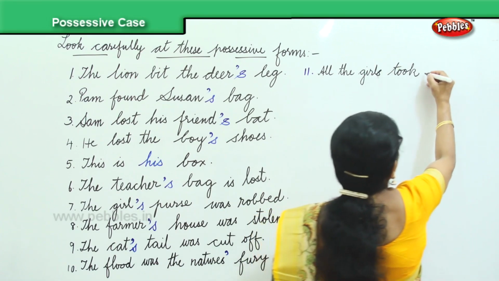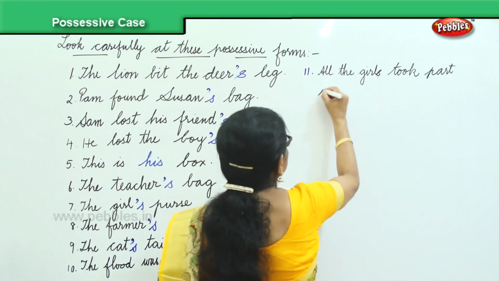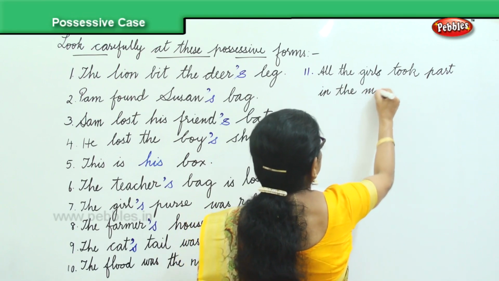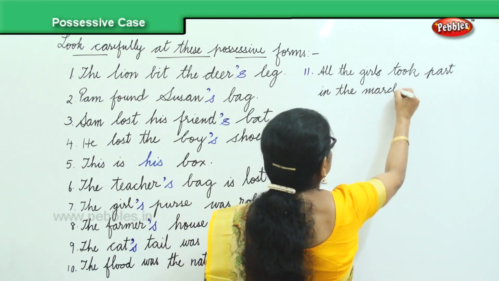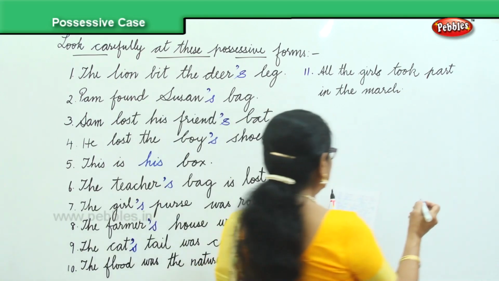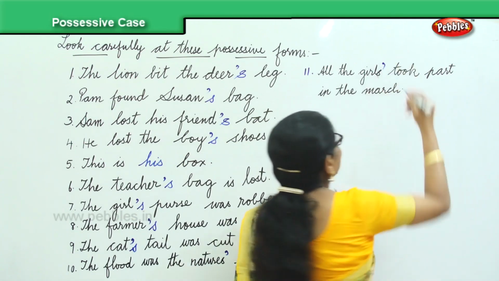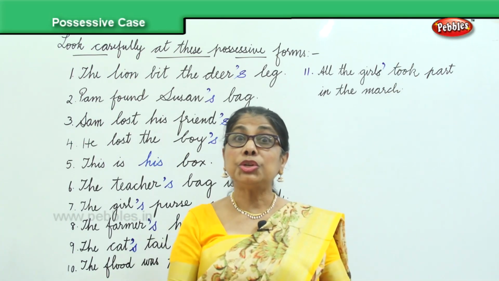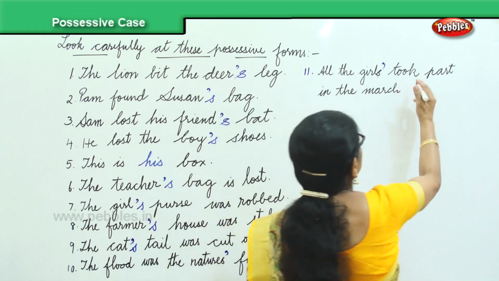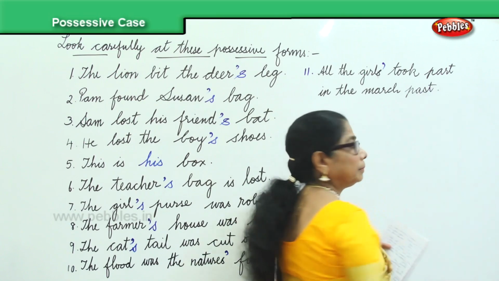There was a march past and all the girls took part. So the possession is for the girls. All the girls, apostrophe. All the girls took part in the march past. Okay?